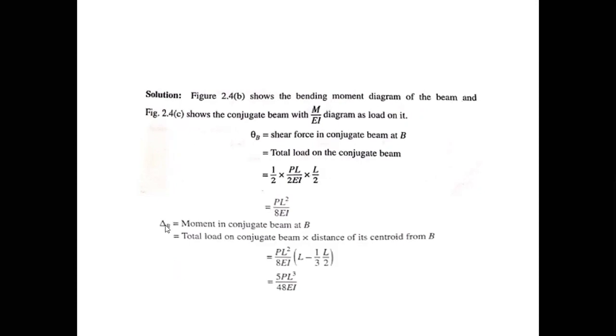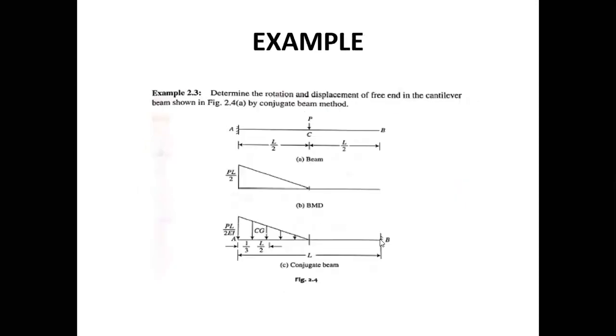Similarly, the other part of the conjugate beam theorem says that the deflection at the end B will be equal to the moment in the conjugate beam at B. That is, what will be the moment at B? Moment at B will be this load multiplied by the perpendicular distance.